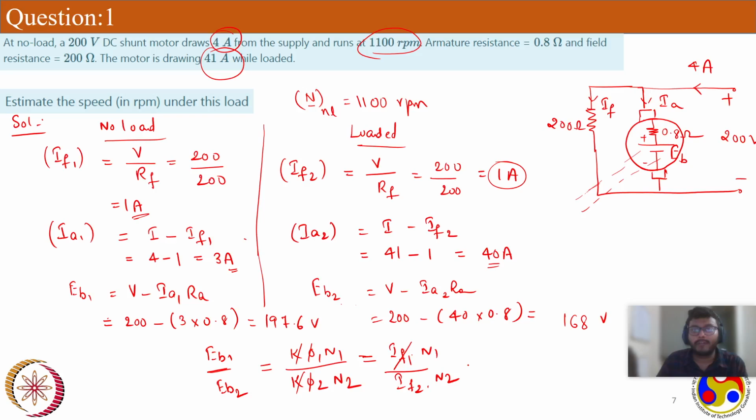Please tell me the answer. 40 square into 0.8, minus 592.8.